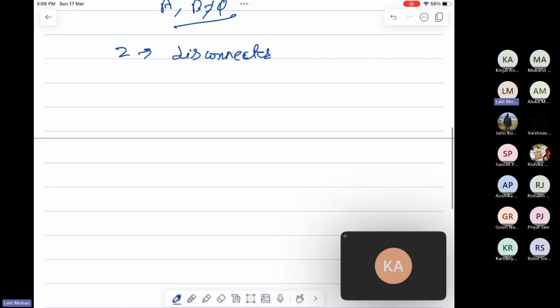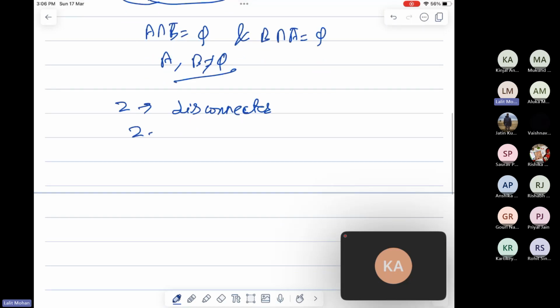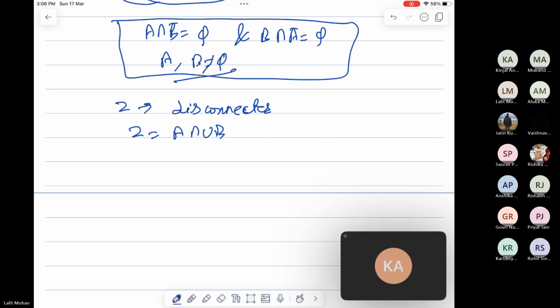It means for Z you are able to find two open sets, Z is equal to A union B, which are satisfying this condition. Right? Now how to proceed? Any idea? See, you know that Y is a subset of Z, which is A union B. So it means Y is contained in A union B, and you know that these two are disjoint sets.